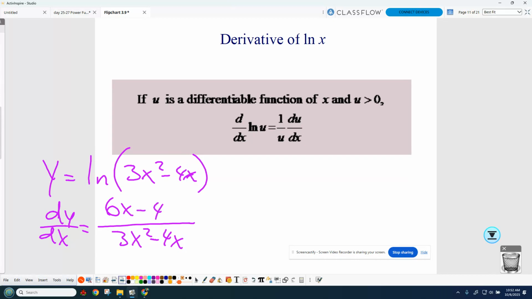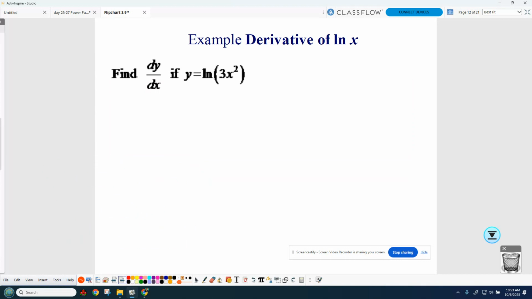Looks terrible, but it's not so bad. Oh, there it is. Pull out an x from the bottom if you really want to. Doesn't reduce anything, so I'm not going to, but yes, thank you for the thought. Try that one. It's easier than what she had to do.